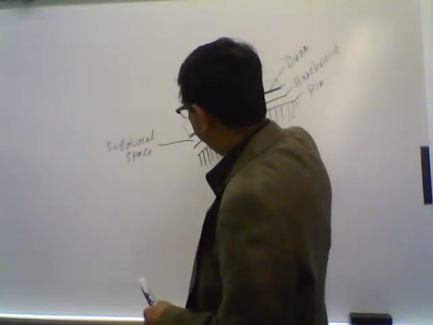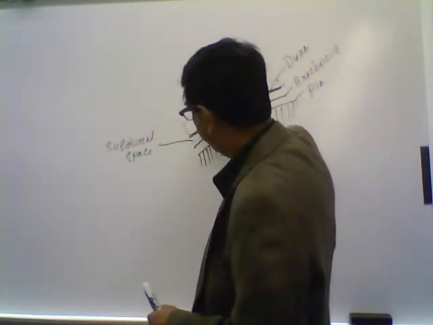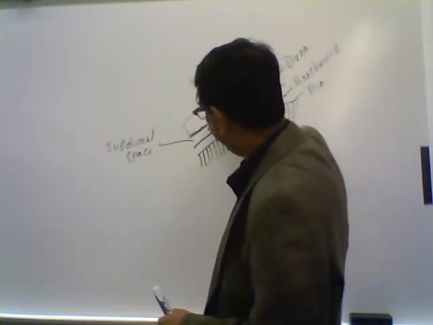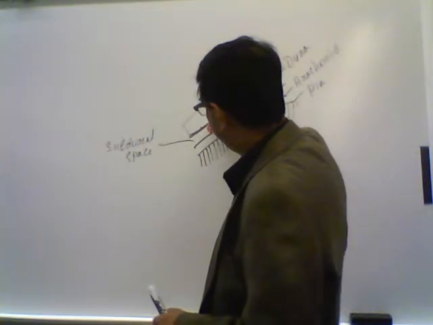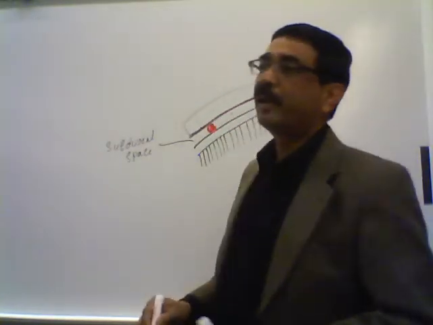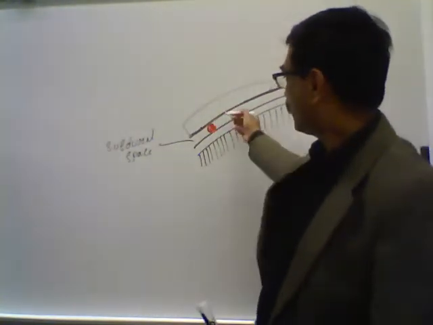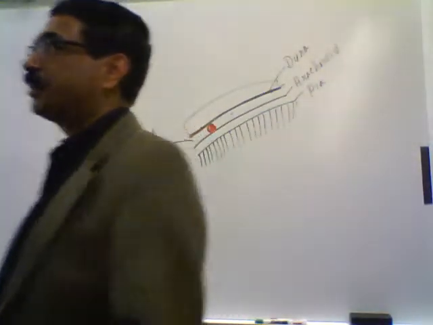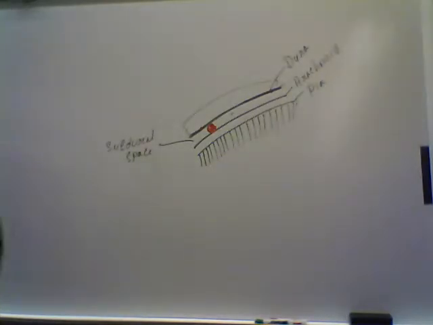If any external injury occurs, for example, an injury to this bone, a fracture, then what will happen? Blood will accumulate here, and that is called a subdural hematoma because it is in the subdural space. That's why we term that a subdural hematoma.